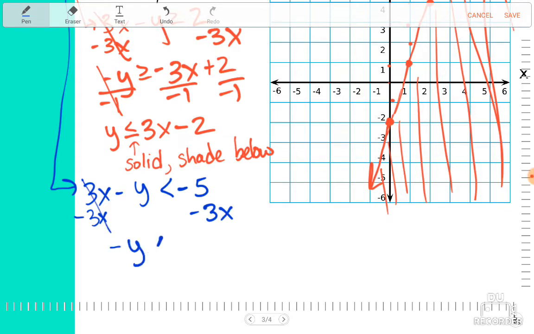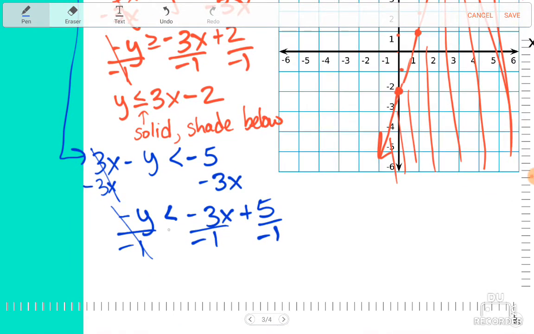I want that y by itself so that it's in kind of the normal form. I divide by negative 1. Dividing by a negative means my sign is going to flip. This is just y is greater than 3x, and then minus 5.